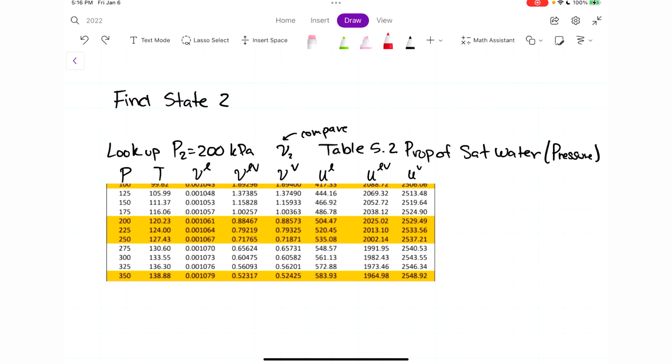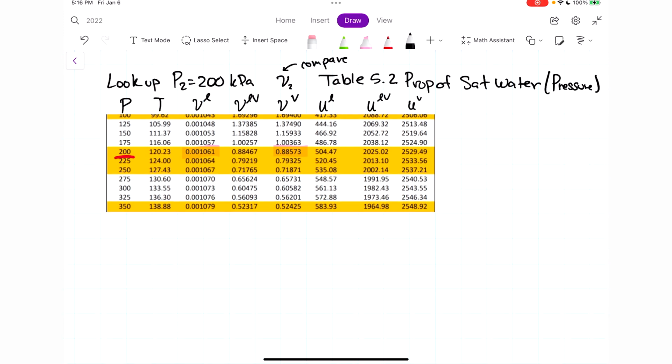Great. And now we're going to go ahead and compare these two values with our specific volume. So the specific volume when it's a saturated liquid is 0.001061, and the value when it's a saturated vapor, it's 0.88573. Great. And ours is 0.835. So again, same thing.